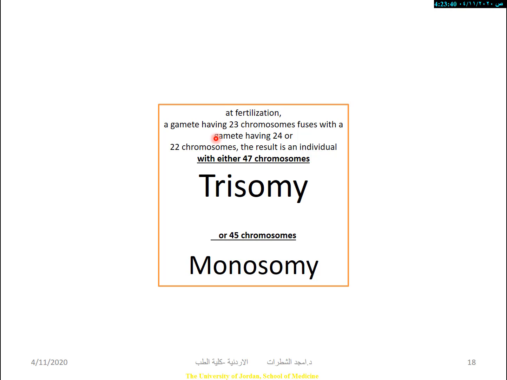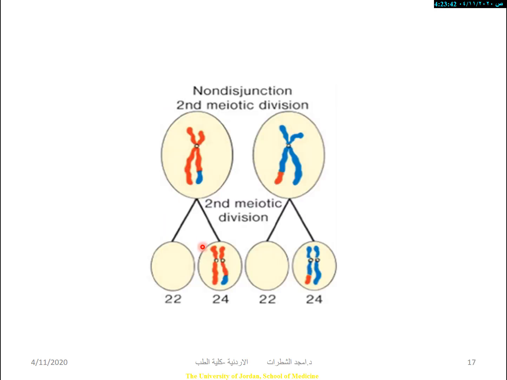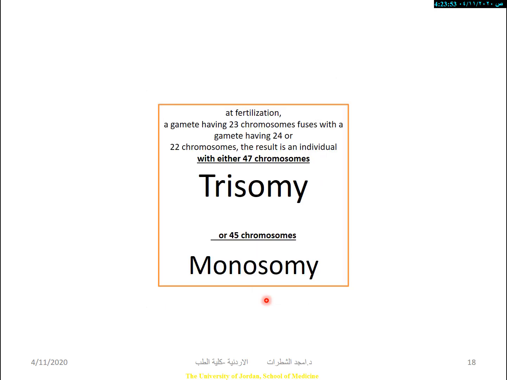Or a sperm with 22 fertilizes an oocyte with 23, and then we get 45 chromosomes. That's why, at fertilization, a gamete having 23 chromosomes fuses with a gamete having 24, or the opposite, 22 with 23.